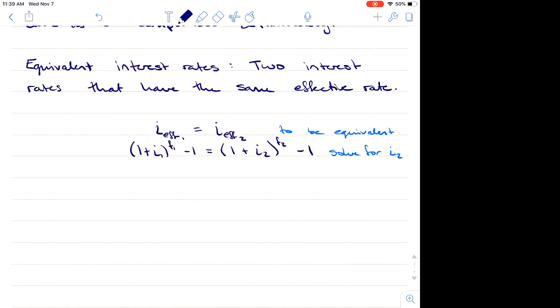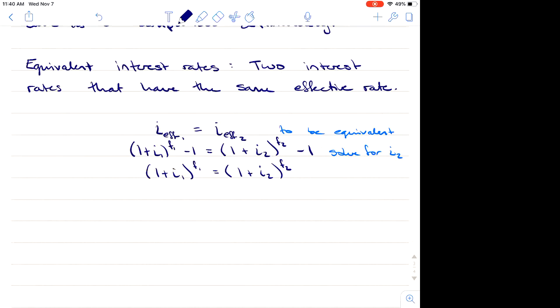Keeping i2 steady, we first have to add 1 to both sides. So then we have 1 plus i1 to the power of f1 is 1 plus i2 to the power of f2. Once I add 1 to both sides, the ones disappear.